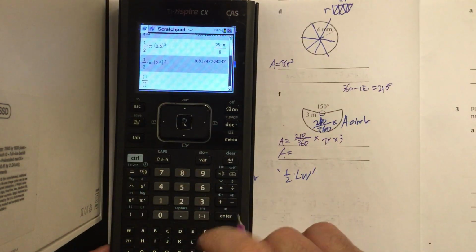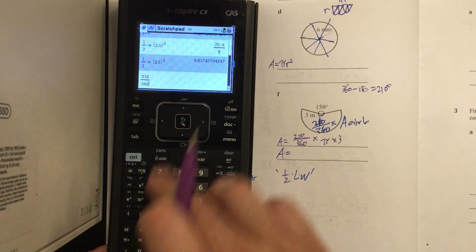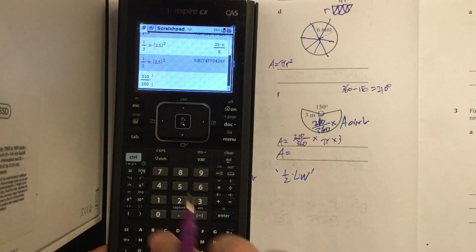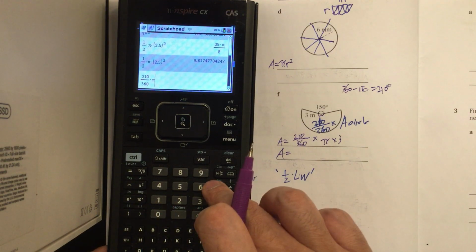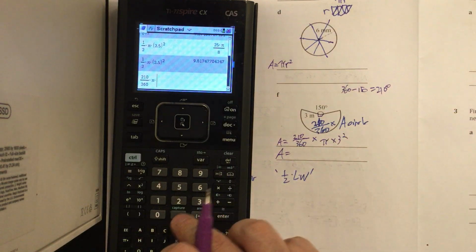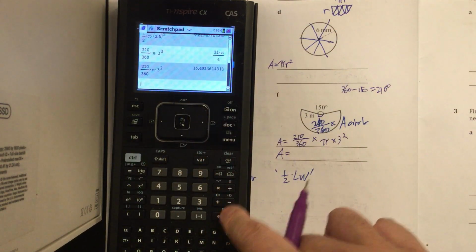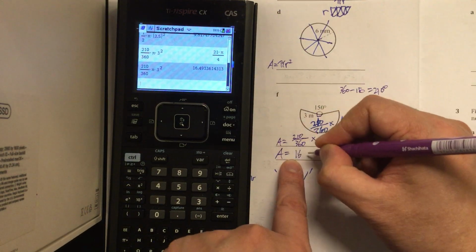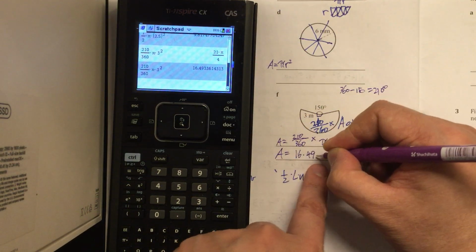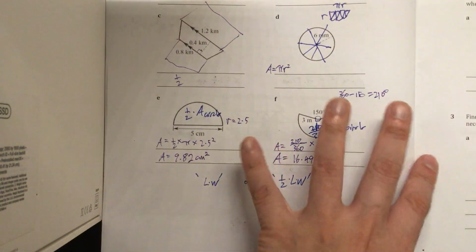So you put in a bracket, 210 over 360 times pi times r squared, times 3 squared. You get some dodgy looking answer, but you simply get 16.49 meters squared. Did I do a square here? Yes, I did.